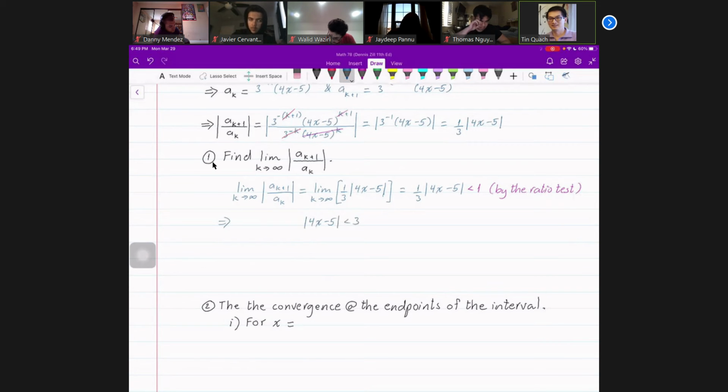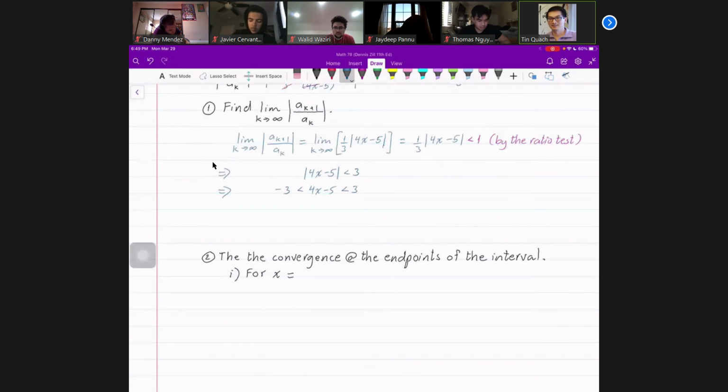And then that gives you 4x minus 5 is less than 3 and greater than negative 3. So 4x is less than 8 and greater than 2. So x is in between 1/2 and 2.